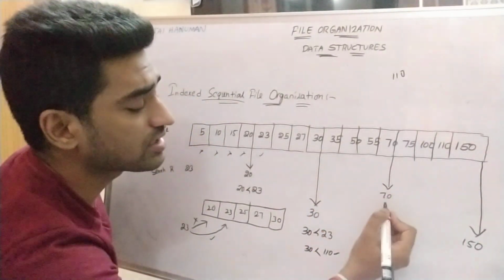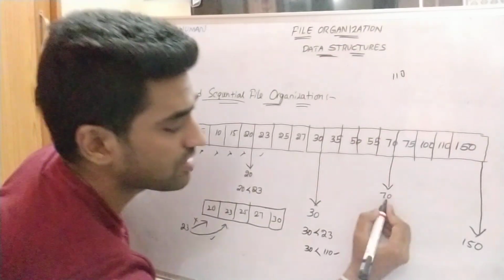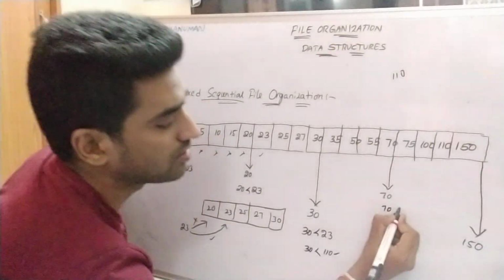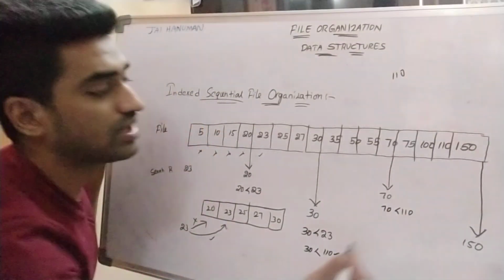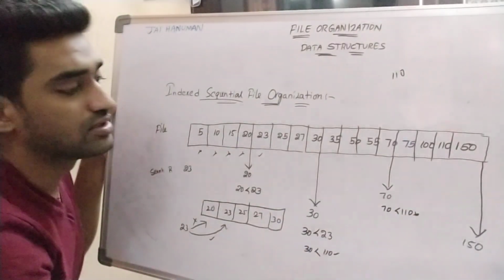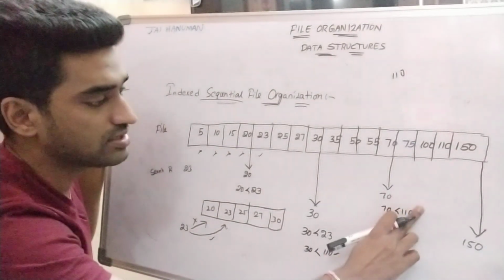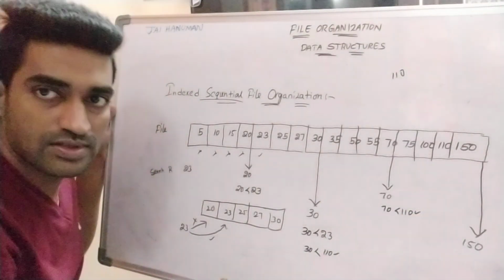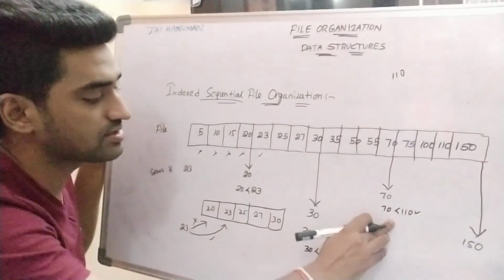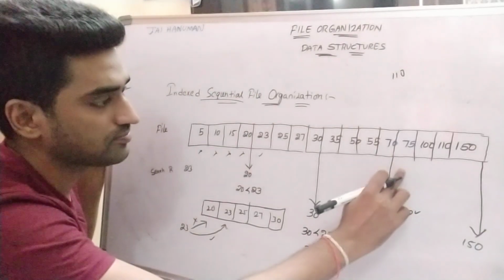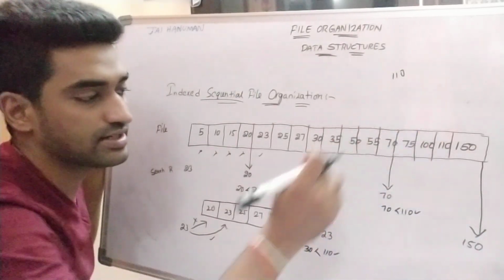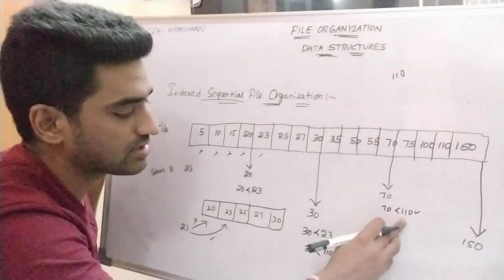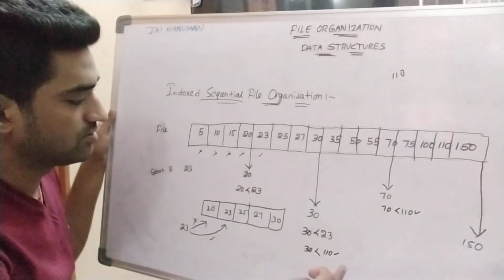Again we are comparing with the lower index, 70 less than 110. This condition is true. Then we are searching the right sublist.